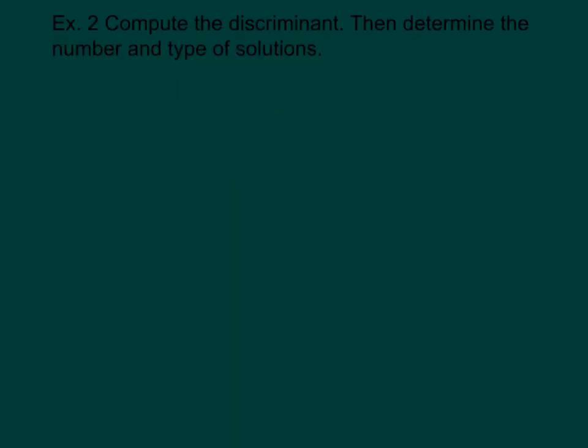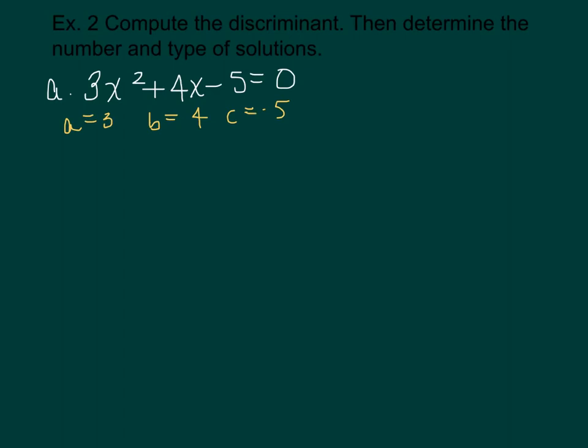Okay, example 2, we're going to compute the discriminant, then determine the number and types of solutions. So for A, we have 3x squared plus 4x minus 5 equals 0. A is 3, B is 4, C is -5. Remember my discriminant formula is b squared minus 4ac. So I'm doing 4 squared minus 4ac.